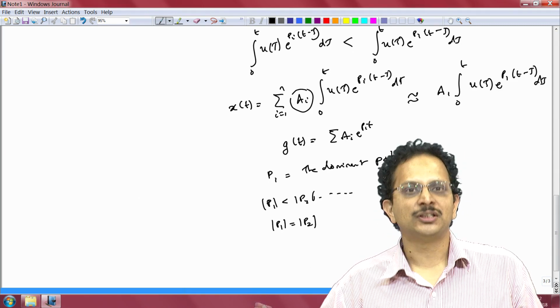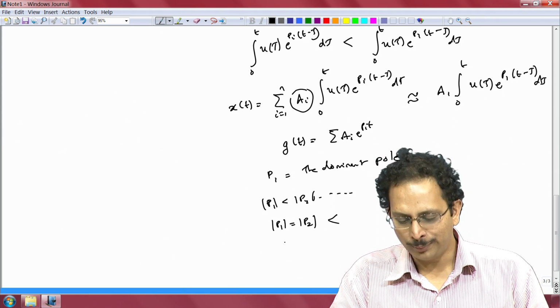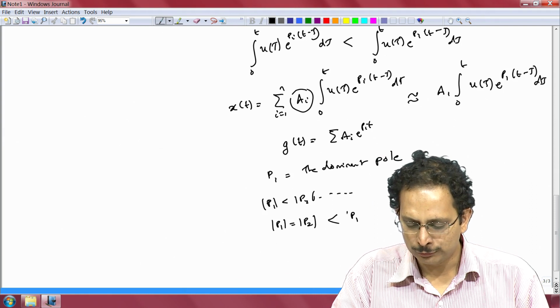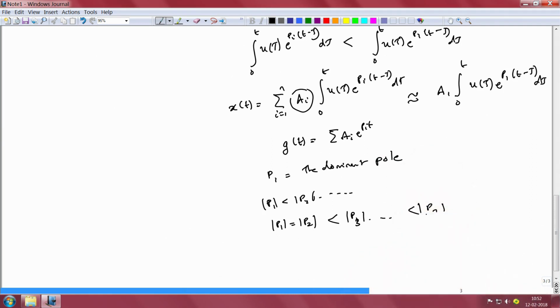So when we arrange the other poles also, we would have p1 equal to p2, which would be less than or equal to p3 and so on up to pn. So in this case the simplest system that approximates the response of our more complicated transfer function g of s is going to be a second order system.